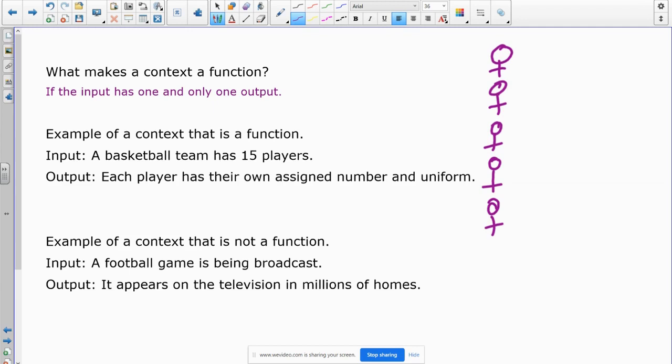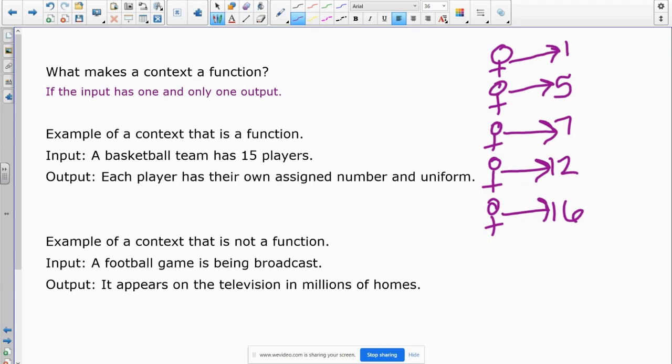So there are 5 of my players. Player 1 gets the number 1, player 2 gets the number 5, this player gets the number 7, this player gets 12, and this player gets 16. So each player only has one output. We think of this as our input, and we think of this as our output.